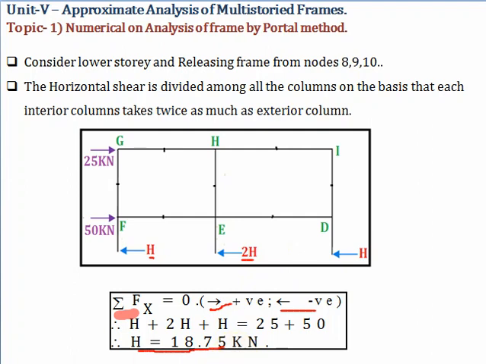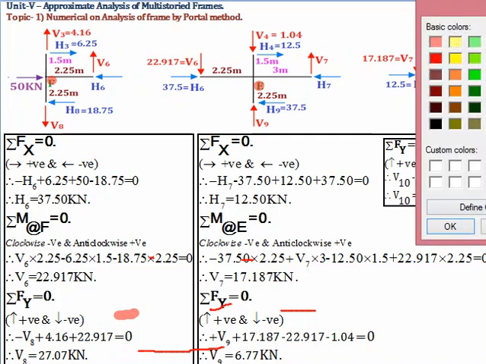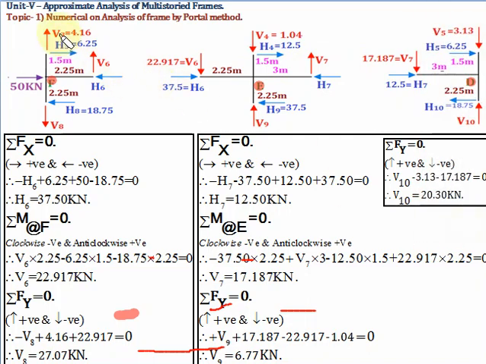After finding the horizontal shear at nodes 8, 9 and 10, the next step is to draw the free body diagrams of joints A, F, then E and D. Here we have shown the free body diagram of joint F. What are the forces known to us?